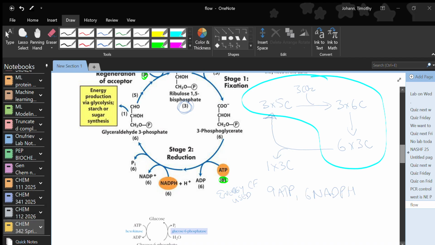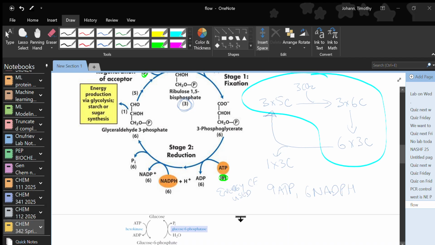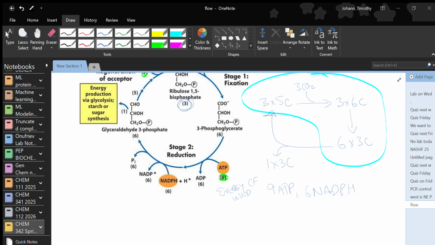Okay, so we think about our ratio there: we've got 6 NADPH, we've got 9 ATP. What was our ratio of these coming off the light reactions?